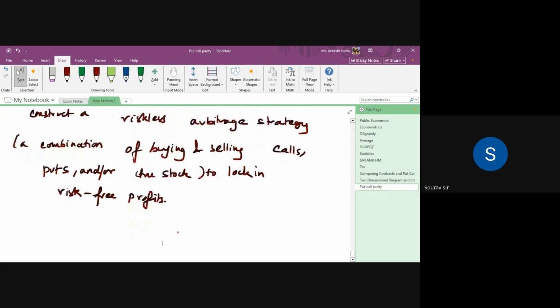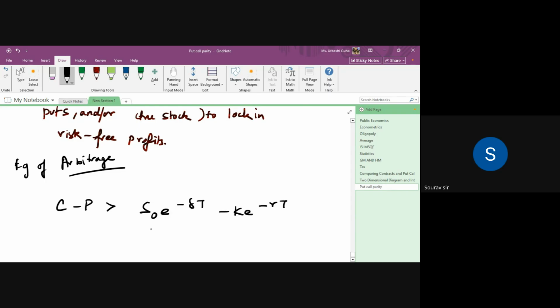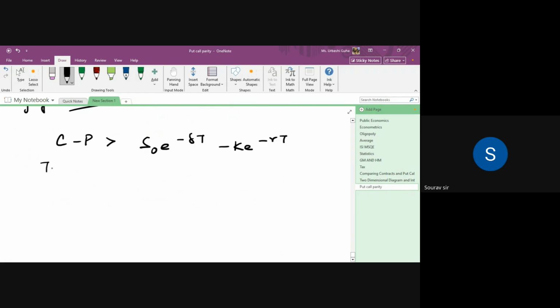An example of arbitrage, if I tell you, C minus P is greater than S e to the power minus qT minus K e to the power minus rT. The call is too expensive relative to put and stock.